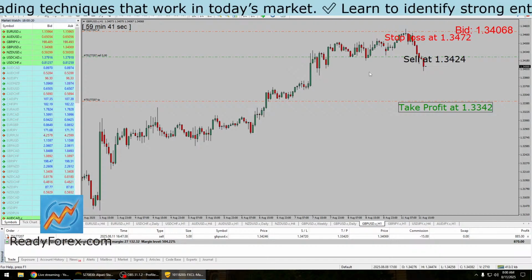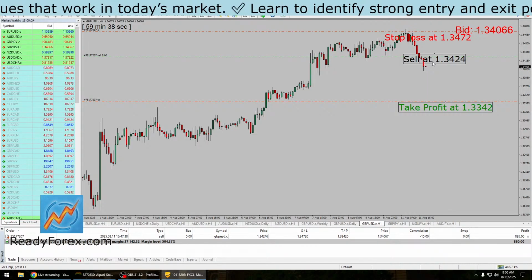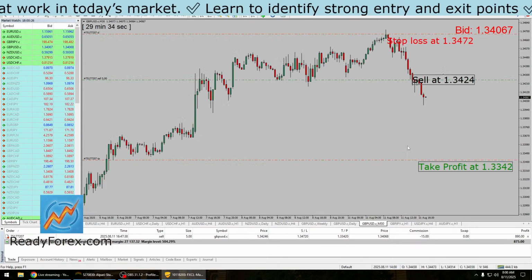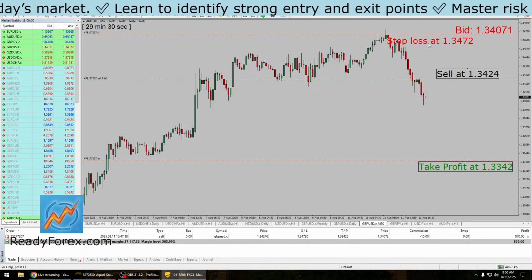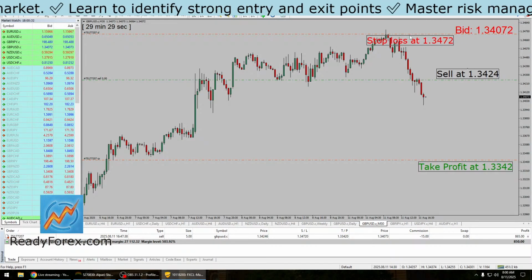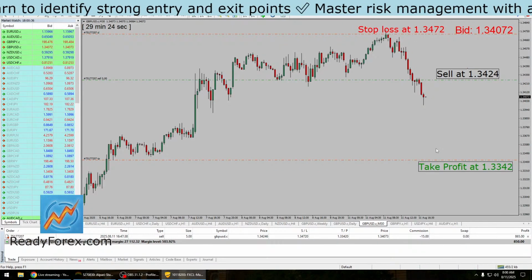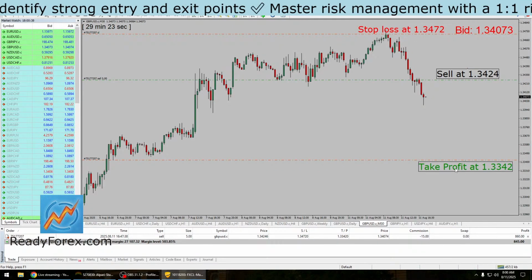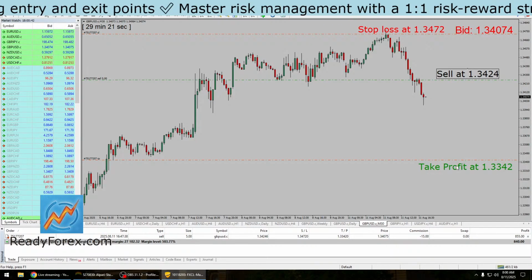So this is my sell entry, 1.3424, and I've also placed a stop loss right up there. And the take profit level at 1.3342.